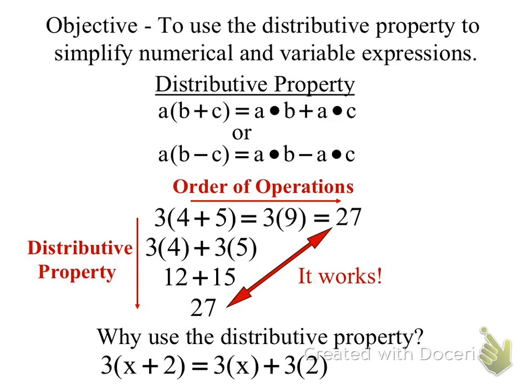Ryan? 3x. Good. And 3 times 2? 6. Now, you must stop there. I don't add 3 and 6 together. Is that clear? You're done. Just pass out the 3 to everything in the parentheses.